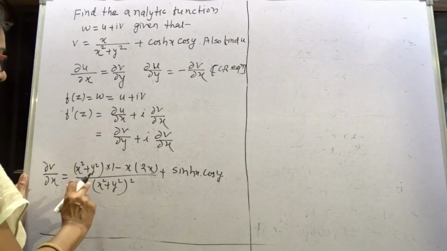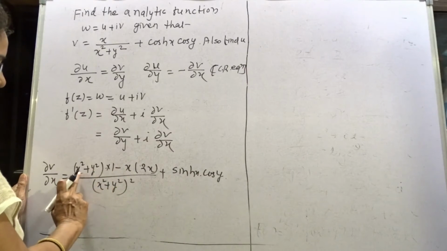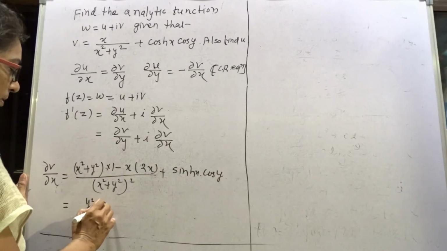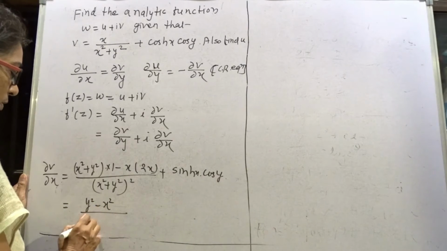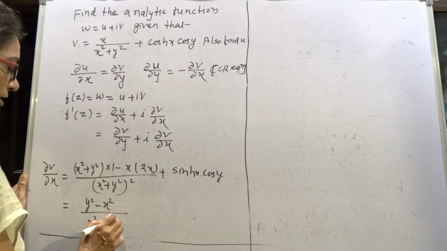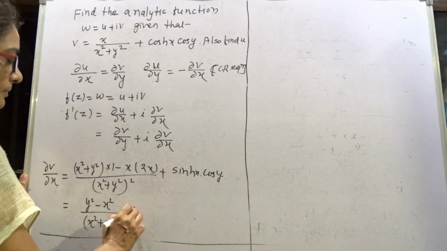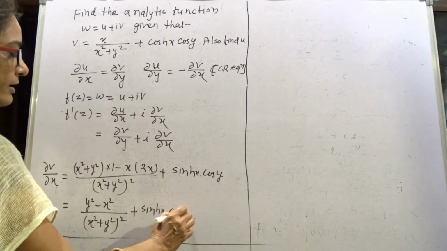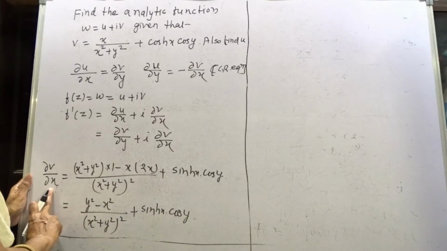If we expand it, we get x square minus 2x square, so we get (y square minus x square) upon (x square plus y square) the whole square plus sin hx into cos y. This is del v upon del x.